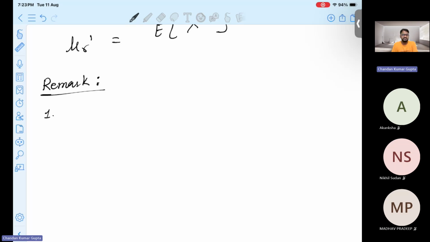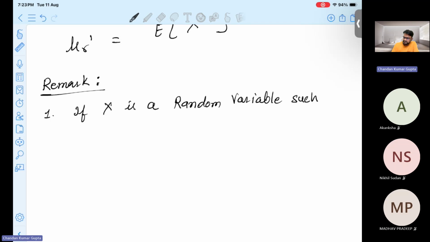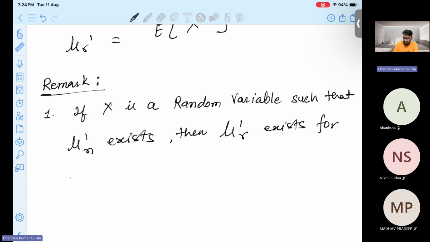If x is a random variable such that mu dash n exists, then mu dash r exists for all r less than n.